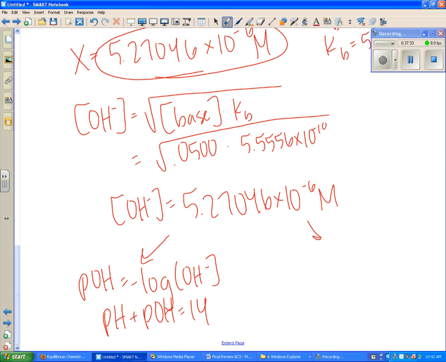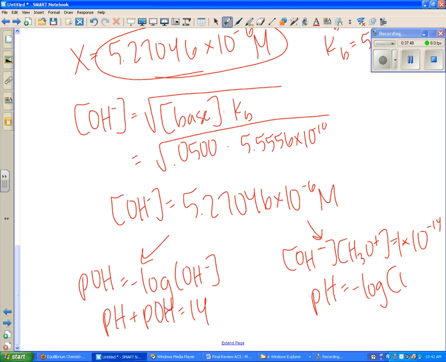Or we can use this to calculate hydronium ion concentration, and then use that to calculate pH. So you choose which way you prefer, but either way, you can solve this.